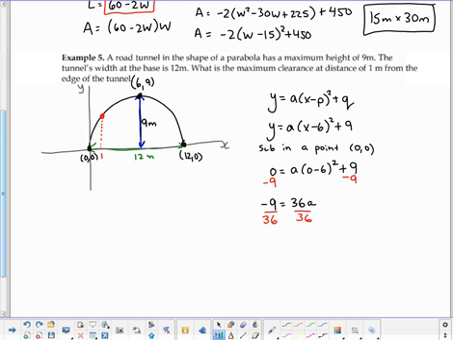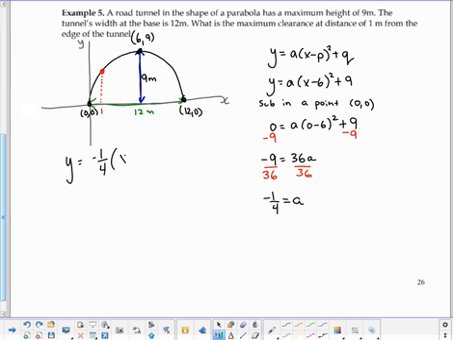Okay, and that can reduce to negative 1/4. Okay, so we know our equation. We can replace our a, and then our vertex is 6 and 9.